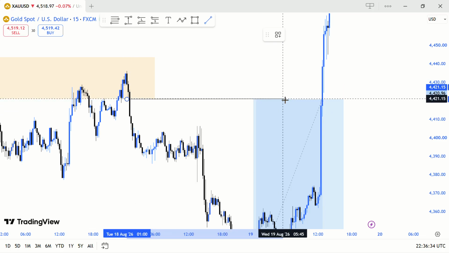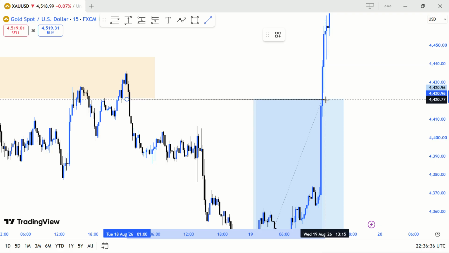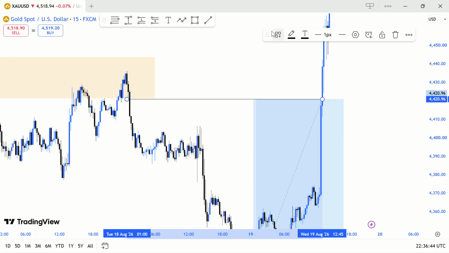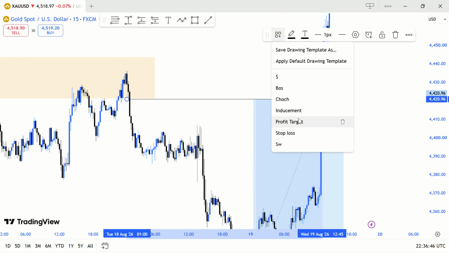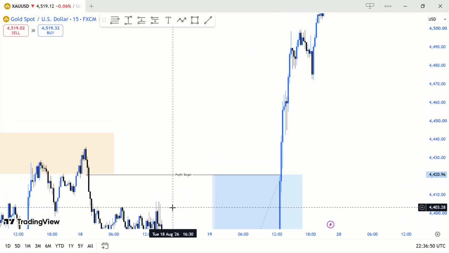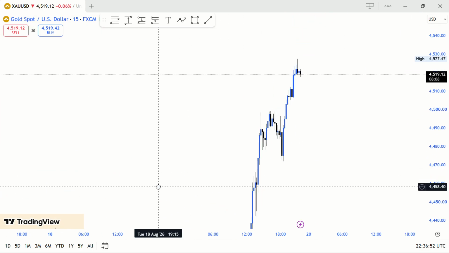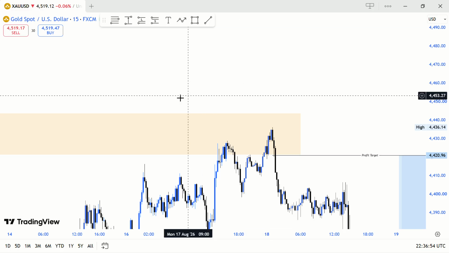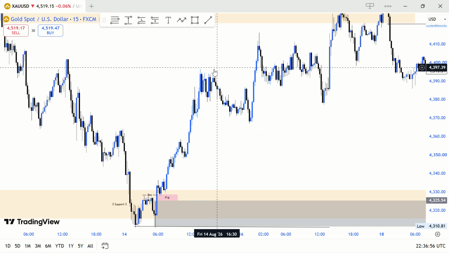I always put my take profit at the end of the FVG before the order block. And then I put my profit target, and I got this. Eventually, it got to that area.